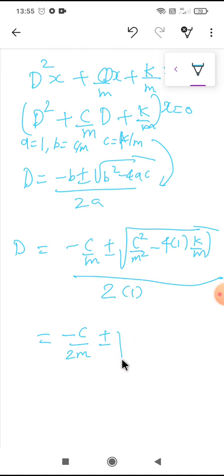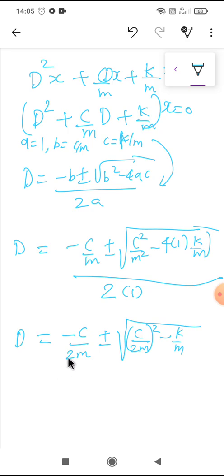So under root, c by 2m whole square, and this 2 will also go here, so it will be divided by 2 square, that is 4, minus k by m. So this is the solution of the auxiliary equation.